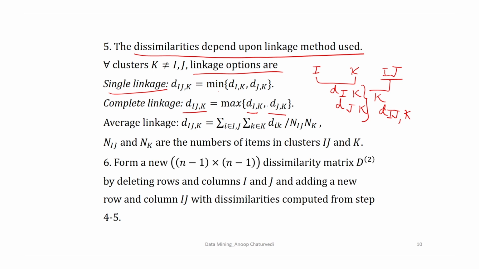In average linkage, D_IJK is defined as we take summation over i belonging to capital I, summation over k belonging to capital K, Dik divided by N_IJ N_K. Here N_IJ is the number of items in the cluster IJ and N_K is the number of items in the cluster K.